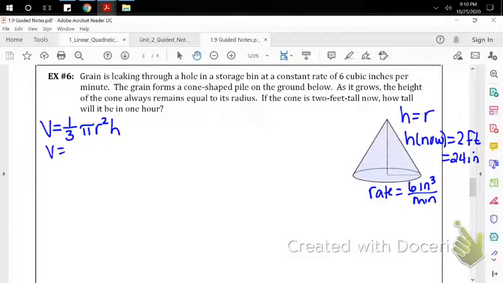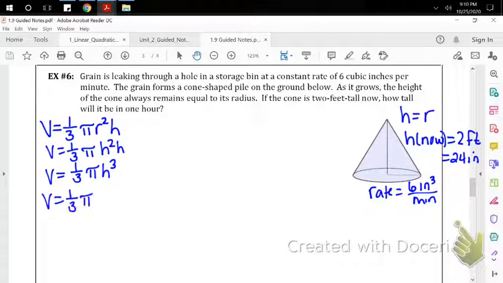So this is saying V equals 1/3 pi r squared times h, and since the height and the radius are equal, V is equal to 1/3 pi h cubed. So my volume right now would be 1/3 pi 24 cubed, because that's the height. That 2 feet is 24 inches. And so we can find the volume right now.